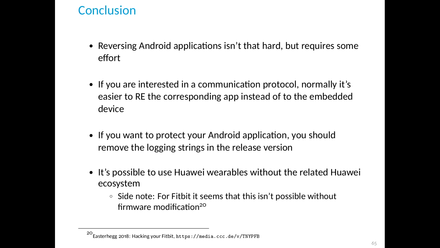And it's possible to use the Huawei wearables without the related Huawei ecosystem. A side note: this is not possible for Fitbit, at least without a firmware modification. There was a very interesting talk last year at Easterhegg. If you're interested, I wrote down the link to that.